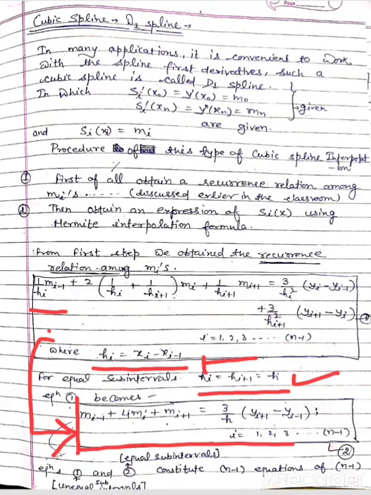This equation is for the ith, and we can obtain a set of equations by putting i equals to 1, i equals to 2, i equals to 3 and so on up to n minus 1, and by solving these set of equations we can get the values of mi's.